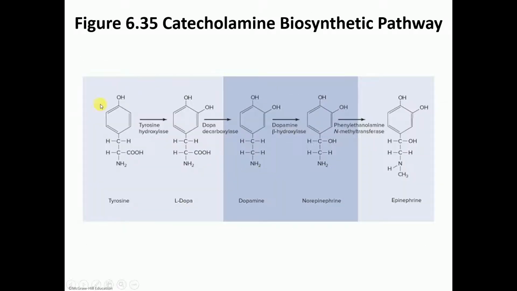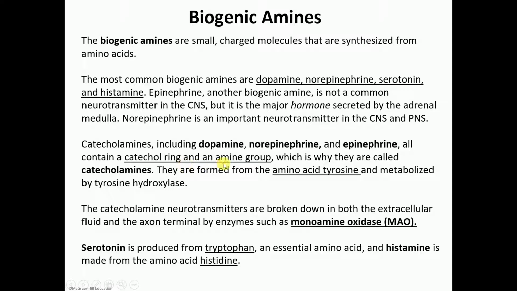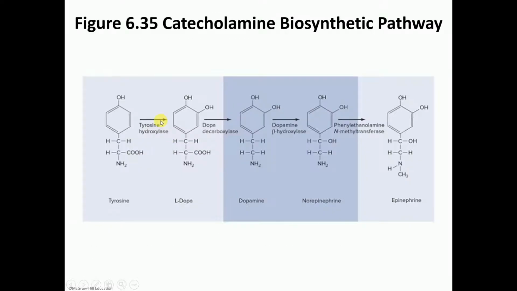But you can see here, this is the structure of the tyrosine. So you have your catechol ring. Don't worry about the actual structure, but you do want to know these names, the catechol ring and an amine group. Through the enzyme tyrosine hydroxylase, it'll change to L-DOPA, which is the precursor of dopamine. And dopamine will change into norepinephrine, which means that dopamine is the precursor of norepinephrine.